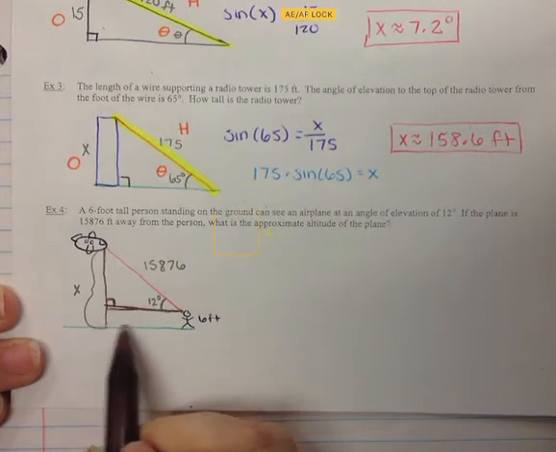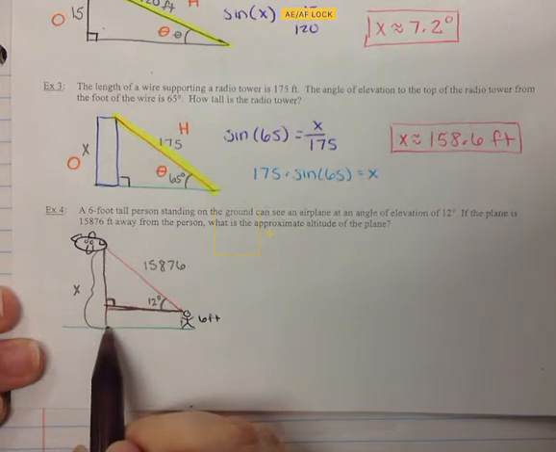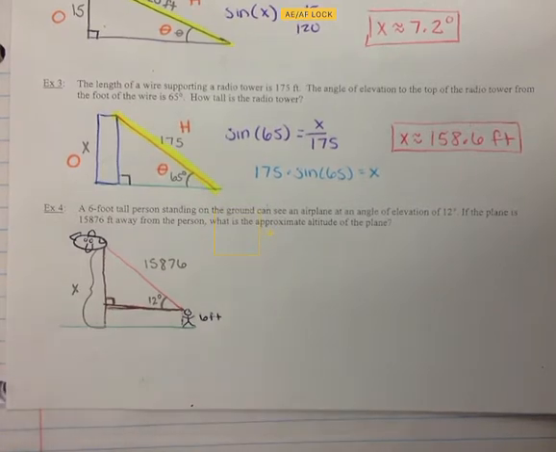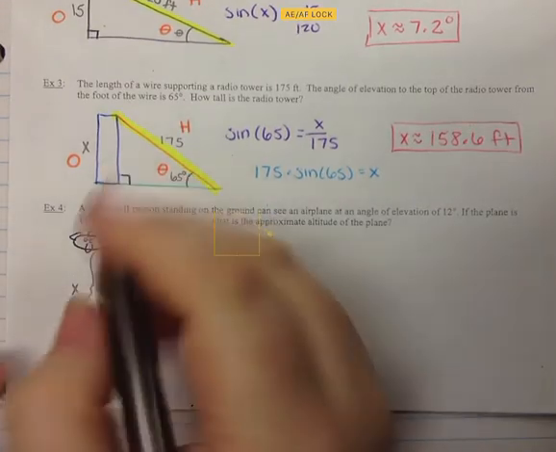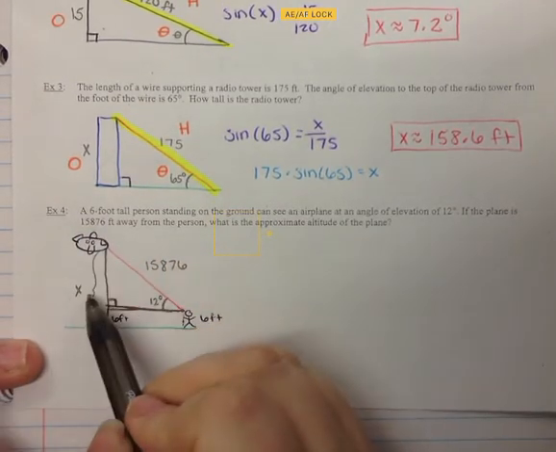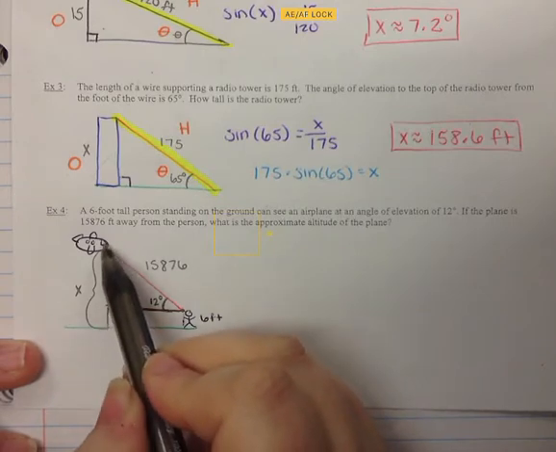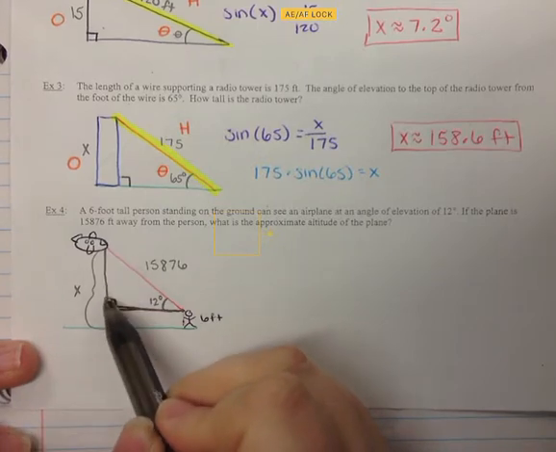And I've actually formed a rectangle down here. If I have this 6-foot tall person, the ground, this length right here is also 6 feet. This length right here is also 6 feet. So I already know part of the altitude has to be obviously more than 6 feet tall. So then what about this part? From the right triangle, this is the part that we're missing.